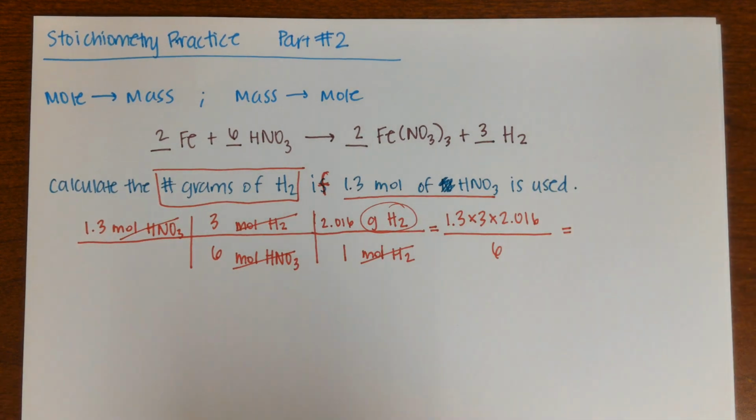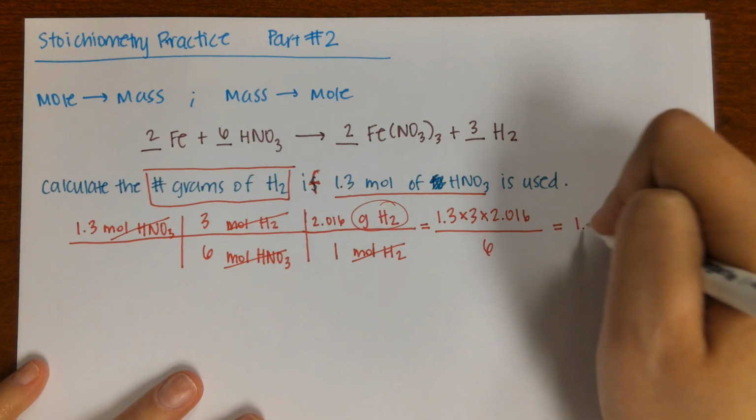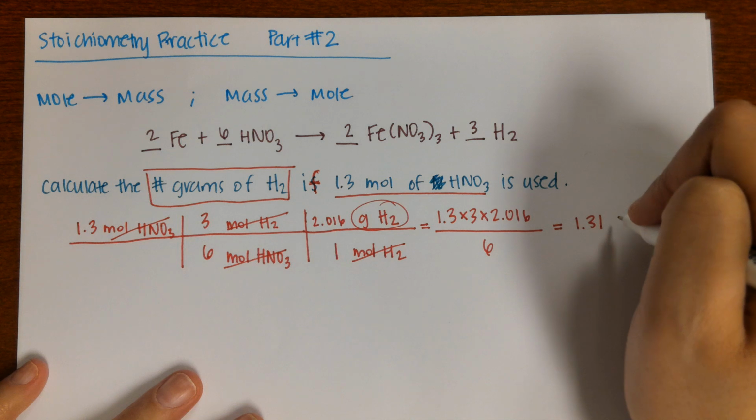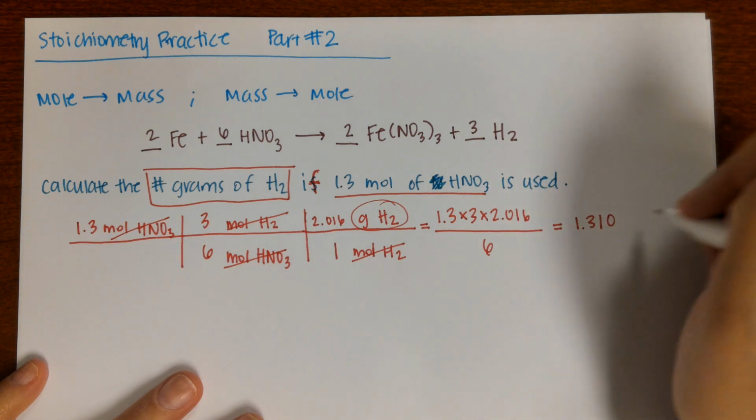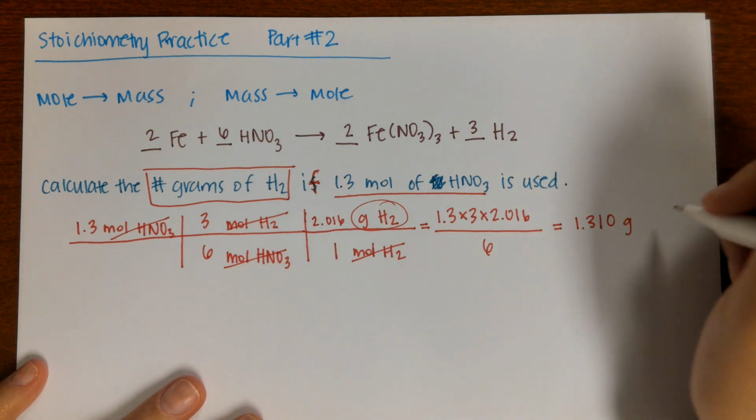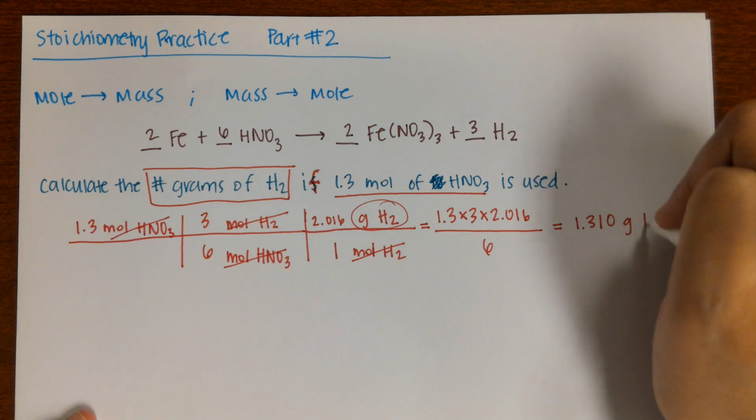Then you plug that into the calculator, you should get 1.310. So that should basically round to the nearest decimal place, grams of H2.